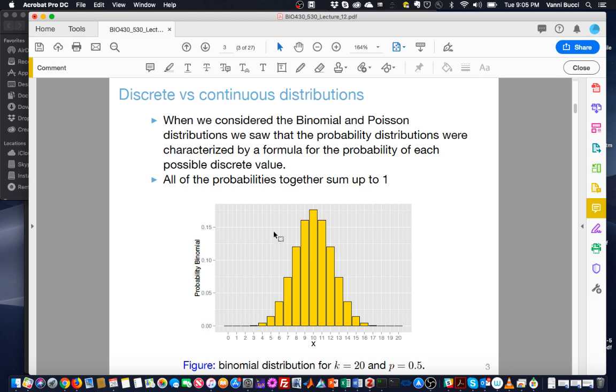Here we are plotting a histogram corresponding to the probability of success for a binomial process with 20 trials and a per-trial probability of success p equal to 0.5. If I ask you to determine the probability of having 7 successes, you would tell me it's about the height of this bar right here.